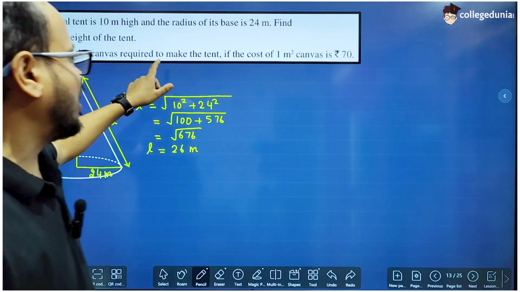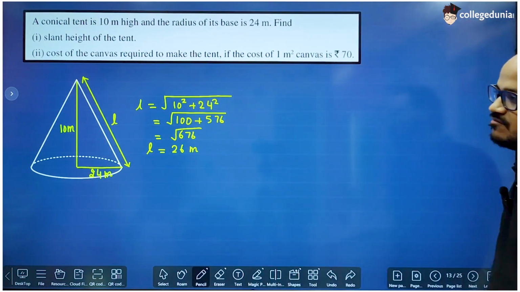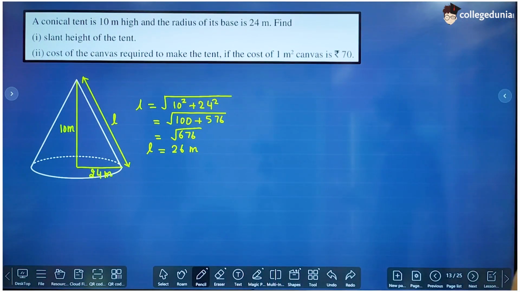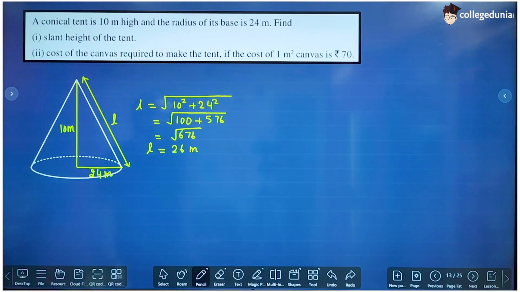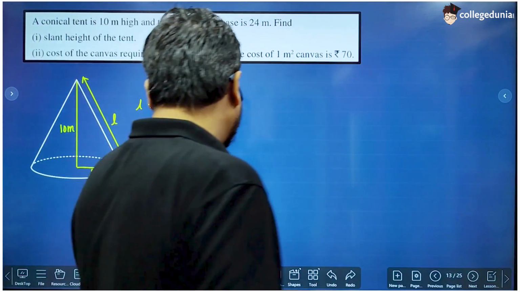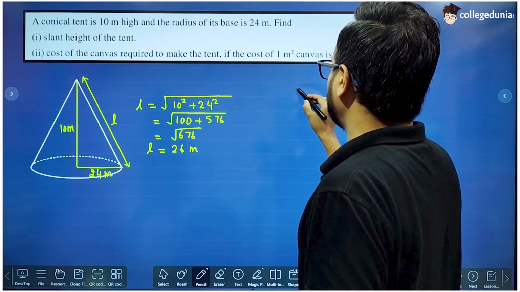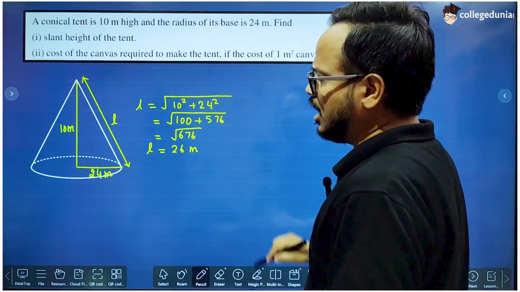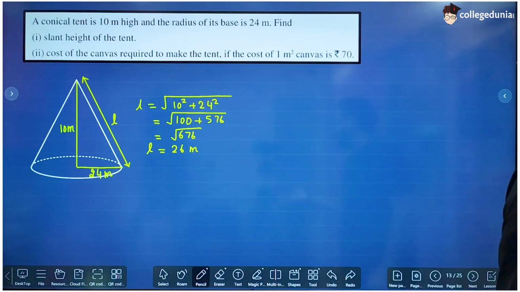Find the cost of canvas required to make the tent, if the cost of 1 meter square canvas is rupees 70. Now we have to find the total cost of making this tent. So what is the total area? In case of a tent we do not need the base, because the base will be the floor.